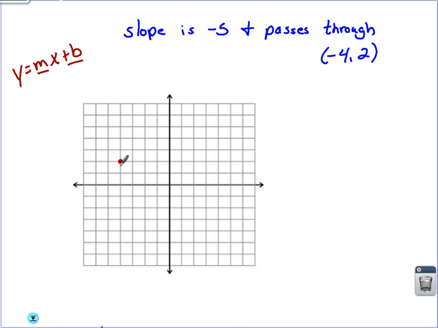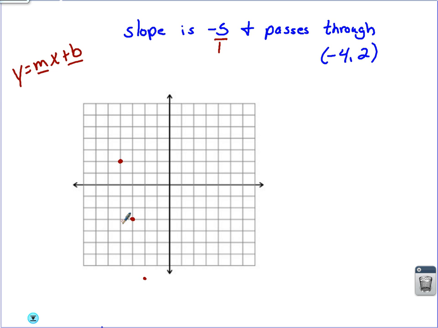And the same line has a slope of -5, or if you want to write it as -5/1. For every 5 that we go down, 1, 2, 3, 4, 5, we're going to run 1. We could continue the same pattern and actually find the y-intercept, but unfortunately, it looks like we're going to run out of graph paper here.